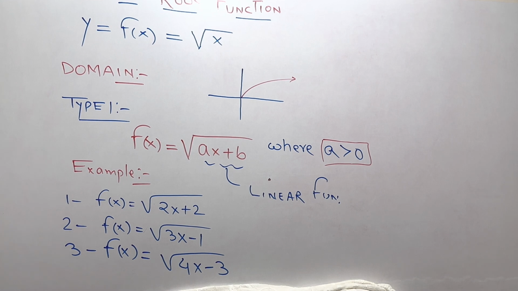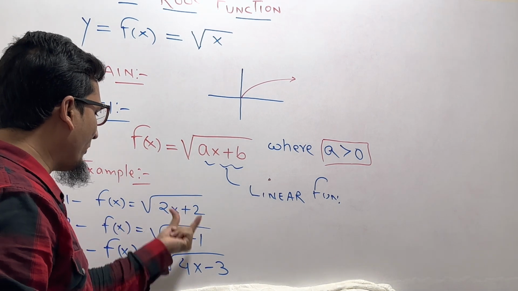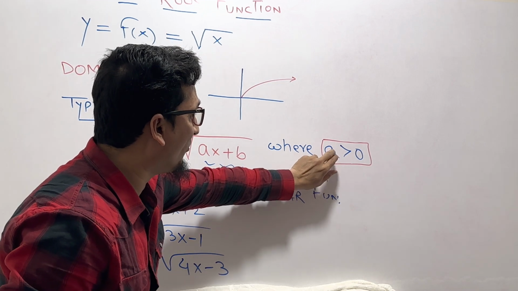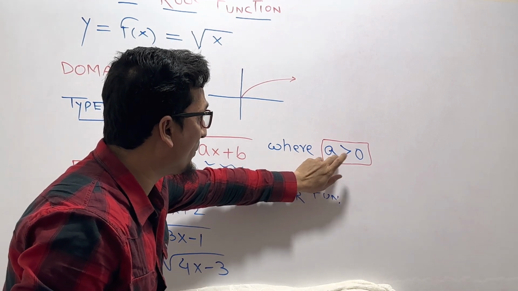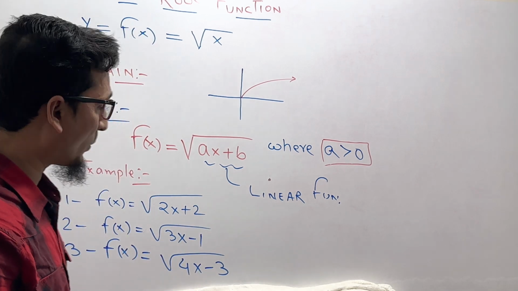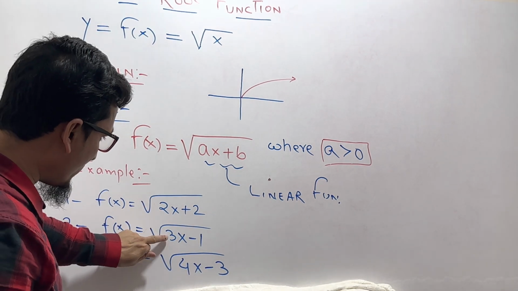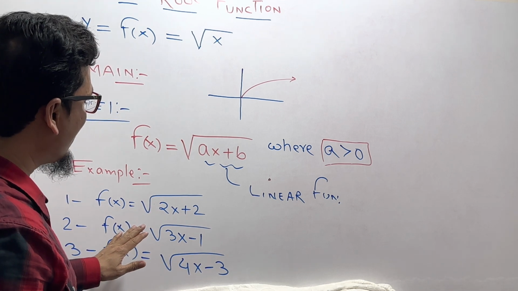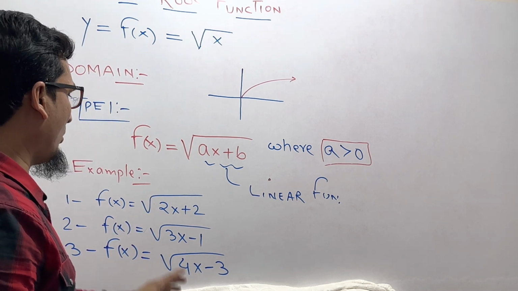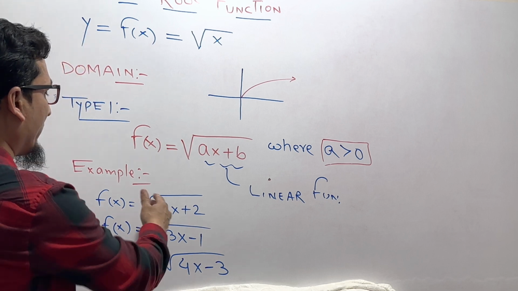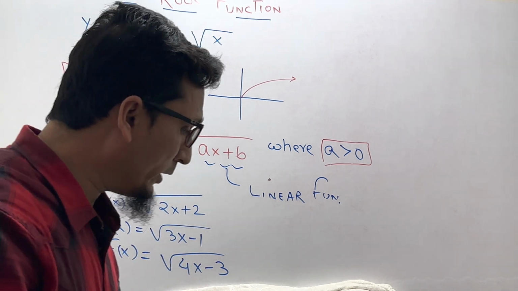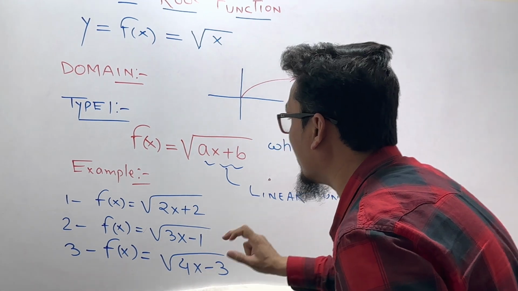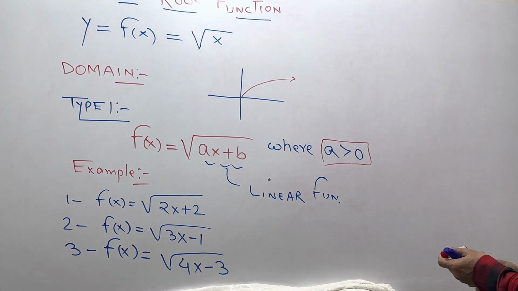Any linear function you can write here, but remember in type 1 you have to mention that the value of a must be greater than 0. So here this is 2, this is 3, this is 4. So 2, 3 and 4 are greater than 0. All the values here are greater than 0. So I am going to tell you how to find the domain of such functions, right?